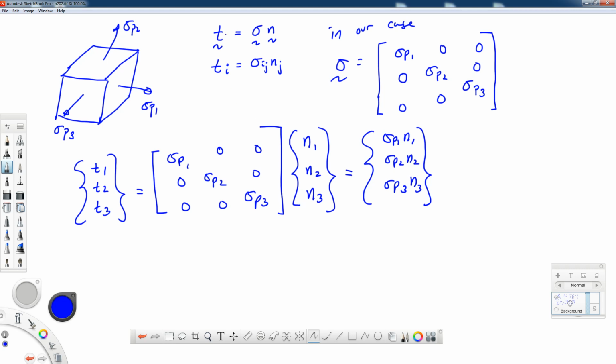If we wanted to write the vector out in our orthonormal basis, it looks like this: sigma p1 n1 in the e hat 1 direction, sigma p2 n2 in the e hat 2 direction, and sigma p3 n3 in the e hat 3 direction.